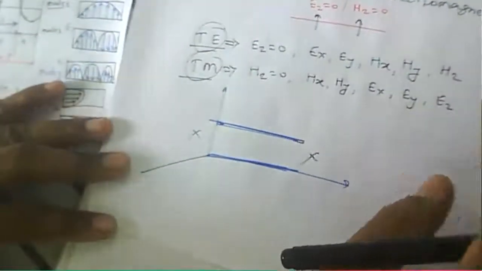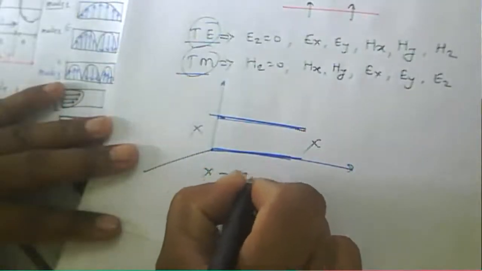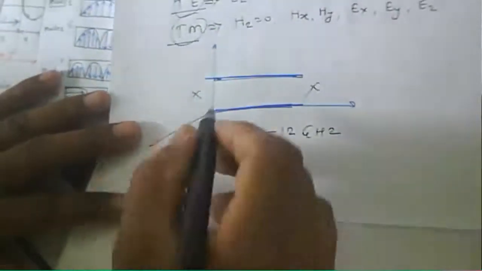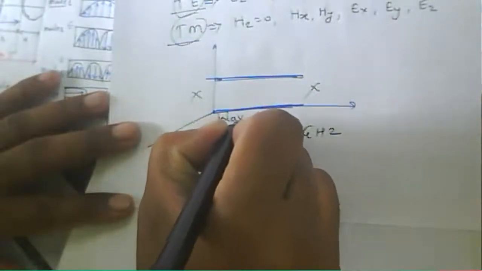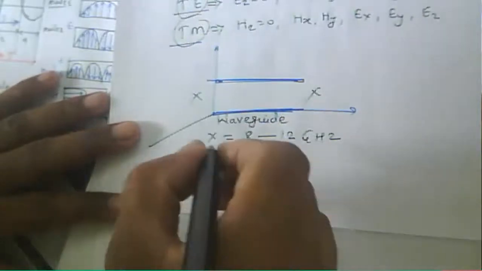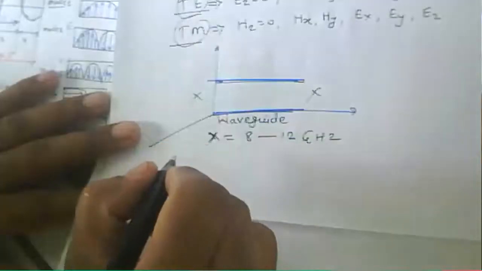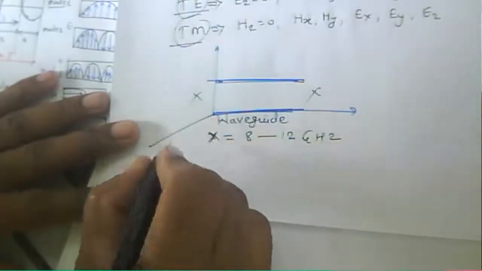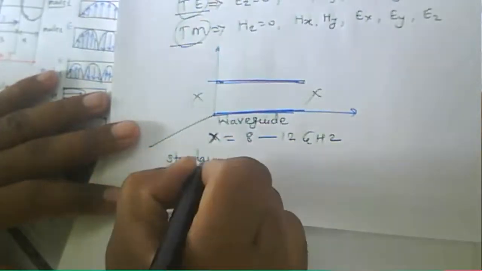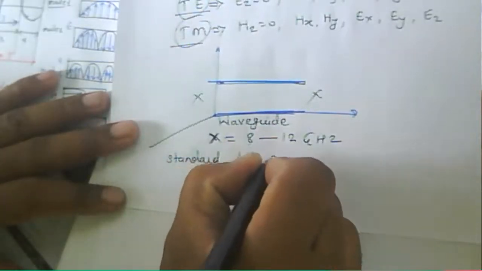And we say that the rectangular waveguide operates in the X band, 8 to 12 gigahertz. Whatever waveguide we talk about, it is operating in the 8 to 12 gigahertz band, and generally the X band is used. In our lab, the components are all X band, and for practical purposes we are using one standard, the WR90 standard.